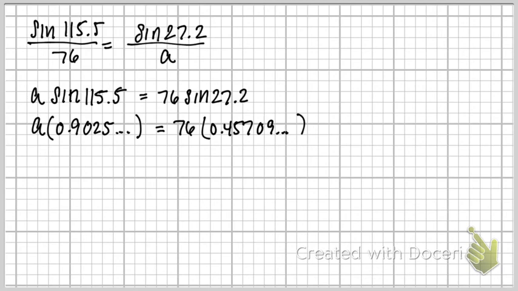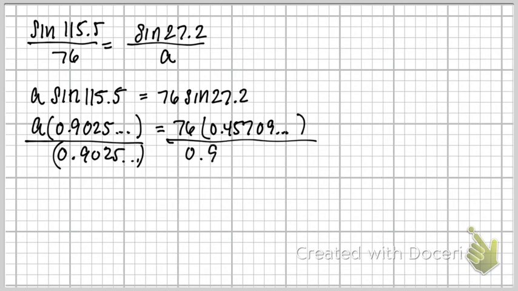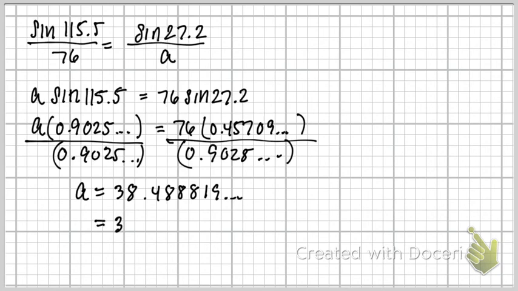And now I'm going to divide both sides by 0.9025... And my A equals 38.488819..., which equals, because we're approximating here, 38.5 feet.